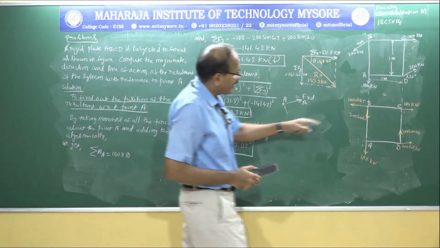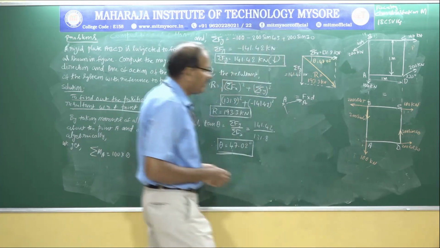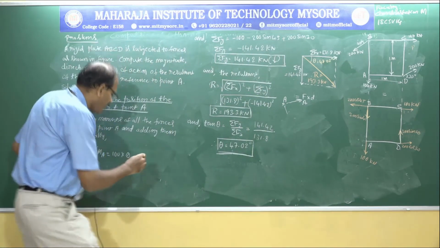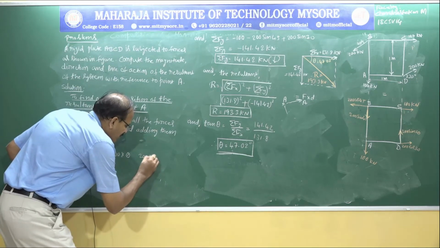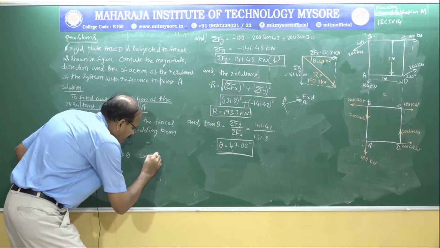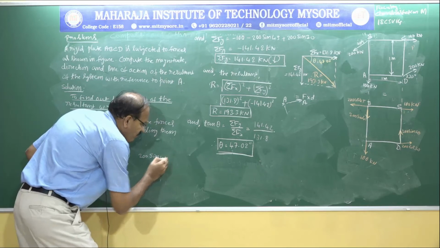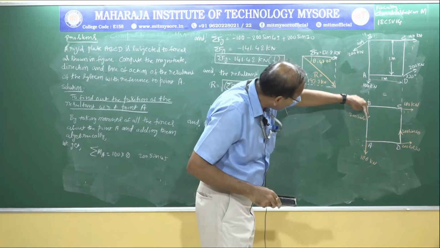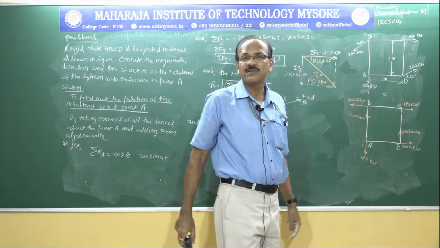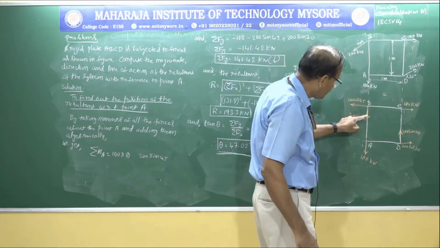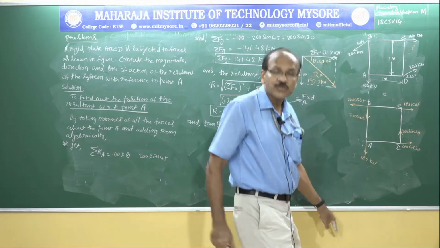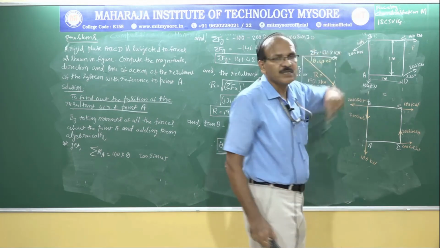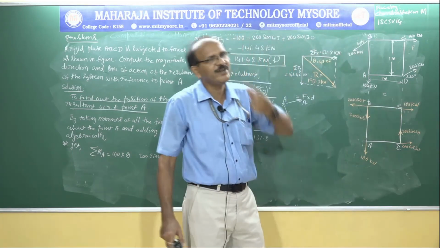Next, if I take 200 sin 45, again extend the line of action of the force. You can extend the line of action of this force this way and upwards any longer, even for a kilometer.